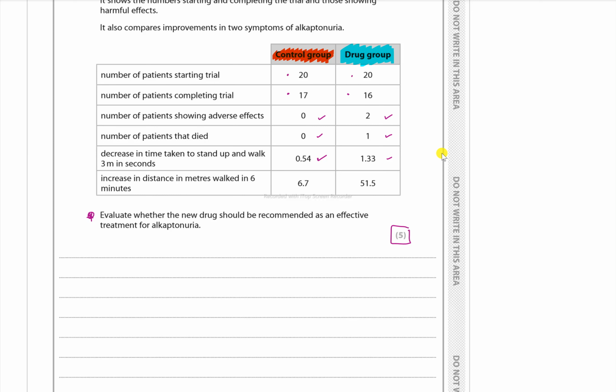Increase in distance in meters walked in 6 minutes. Increase in distance. Right. What does that even mean? That requires a bit of thought. Let me think. Right. This is probably the placebo. Really, there should have been no increase in distance.